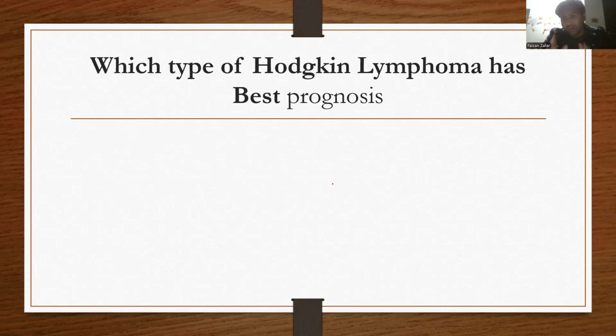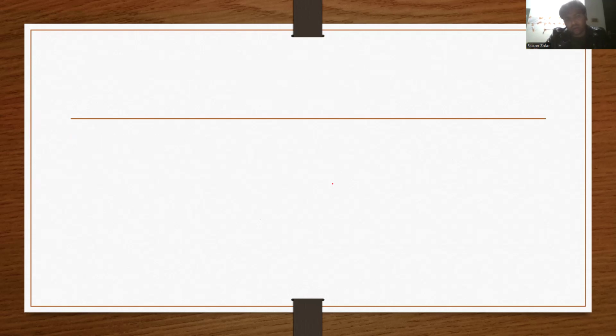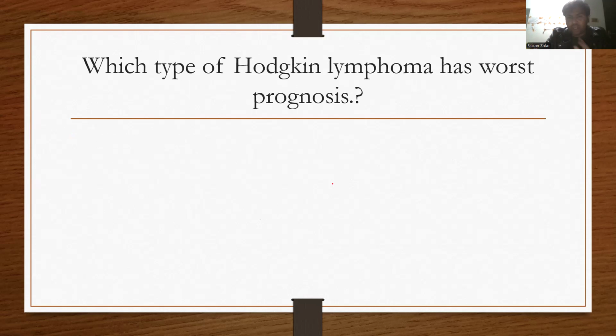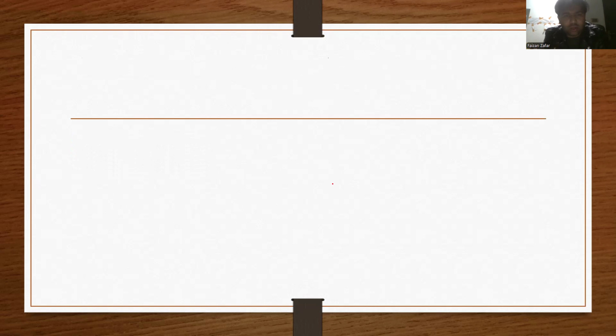So lymphocyte rich. Which type has a worse prognosis? Who has no money? Poor people. So lymphocyte depleted. So simple: rich people have a good prognosis and poor people have a worse prognosis. Always remember it like this.